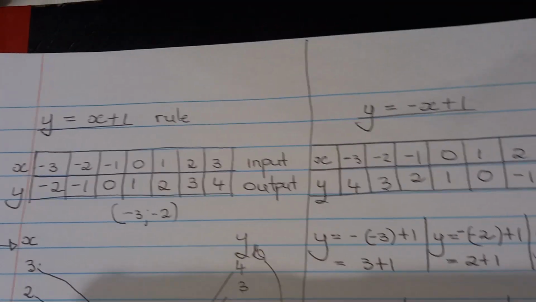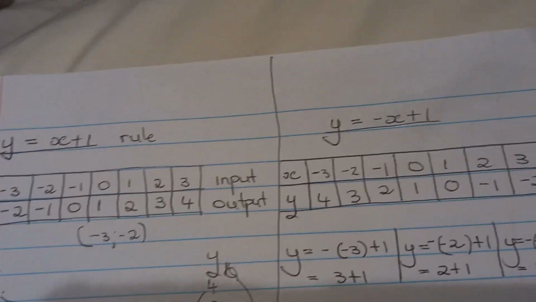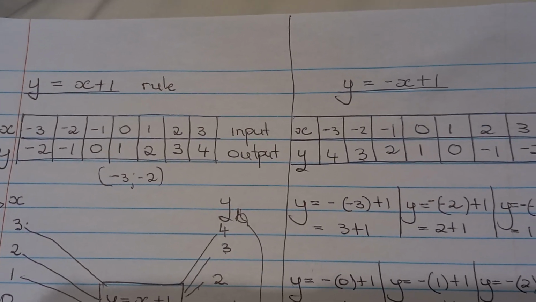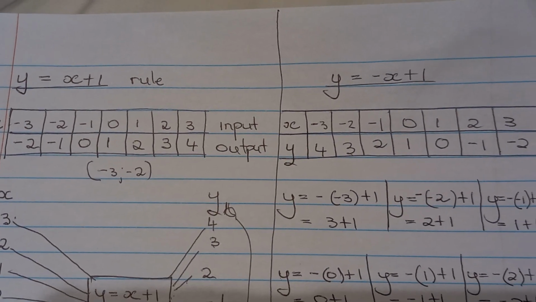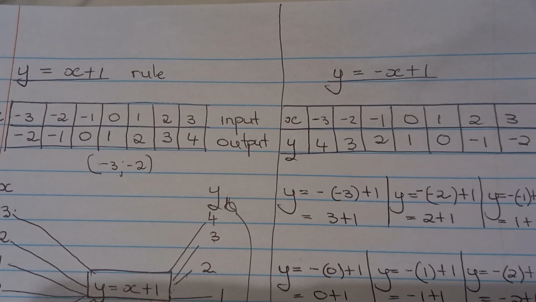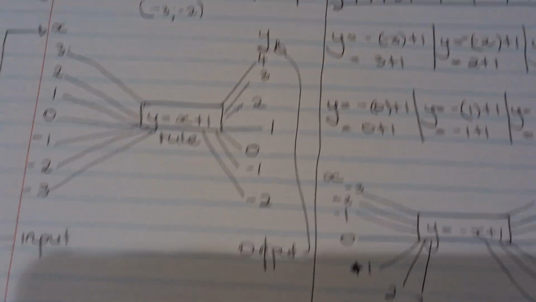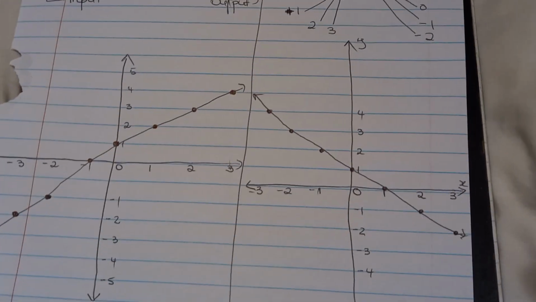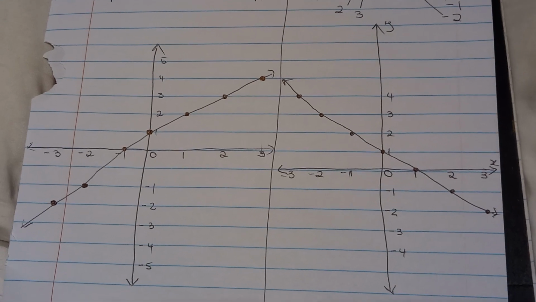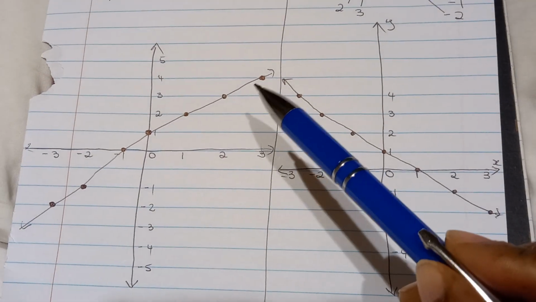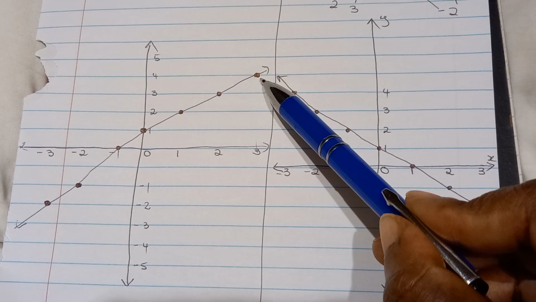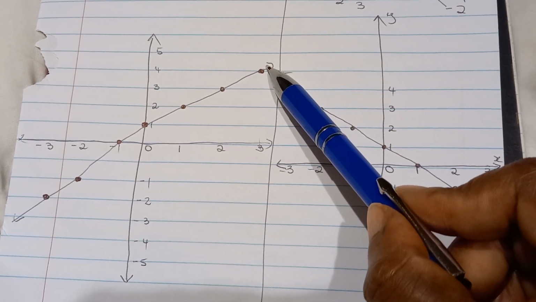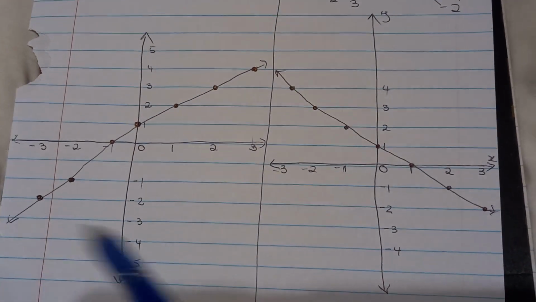But what I want us to learn today, sorry about that, is that these things look like they are the same. The first equation is y is equals to x plus 1. The one on the right is y is equals to negative x plus 1. If we look at their graphs, this one goes from right to left.